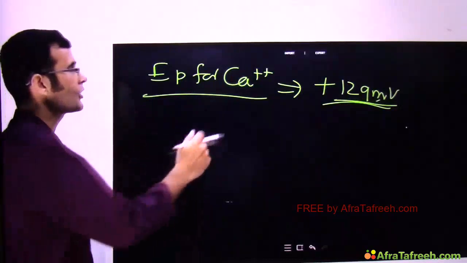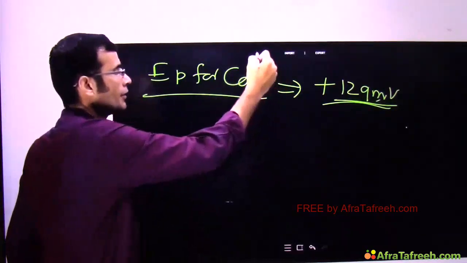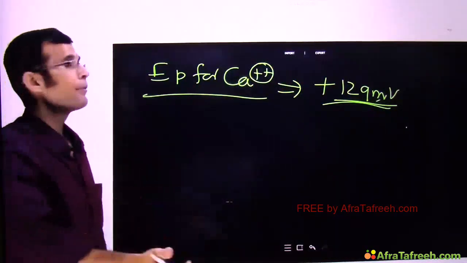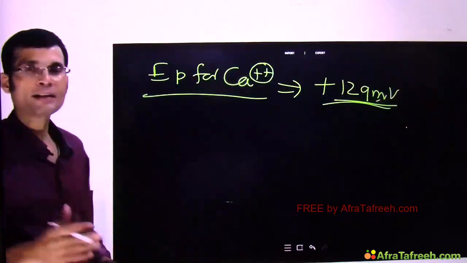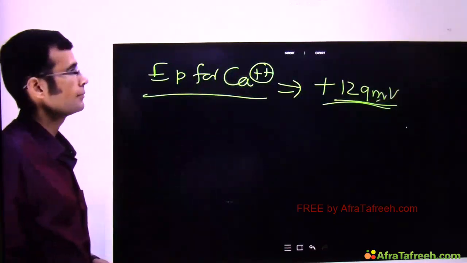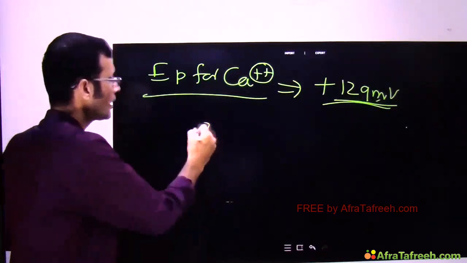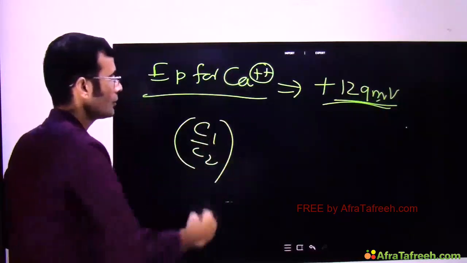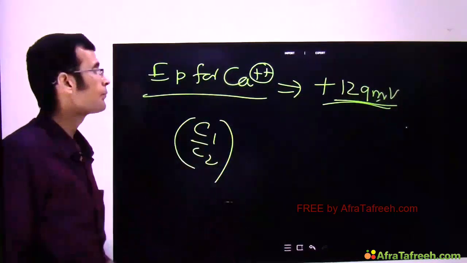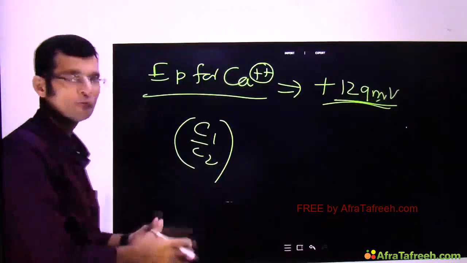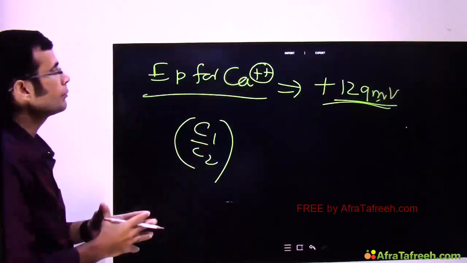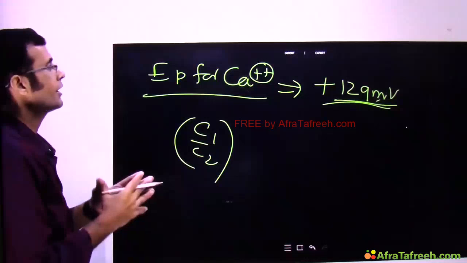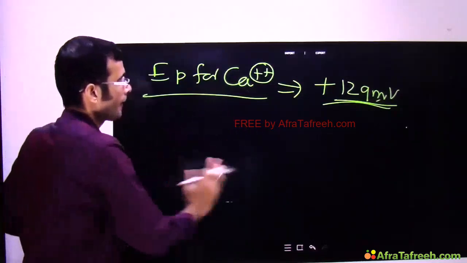One is that calcium is a divalent cation, so every time it moves in, it will bring in double the number of positive charges. And secondly, C1 upon C2 for calcium is also very, very high. Because of these two factors, the equilibrium potential for calcium is highest in the body.